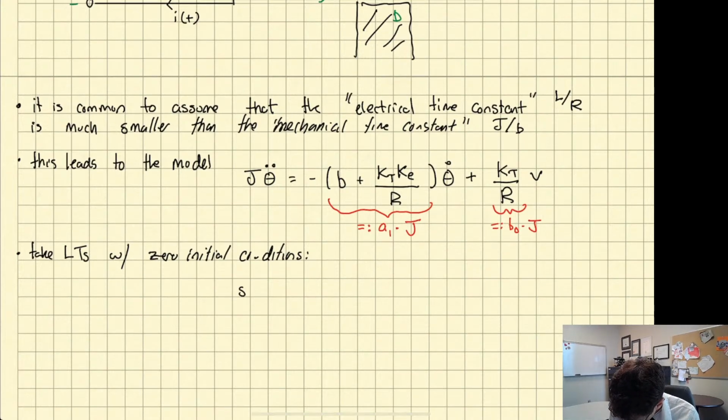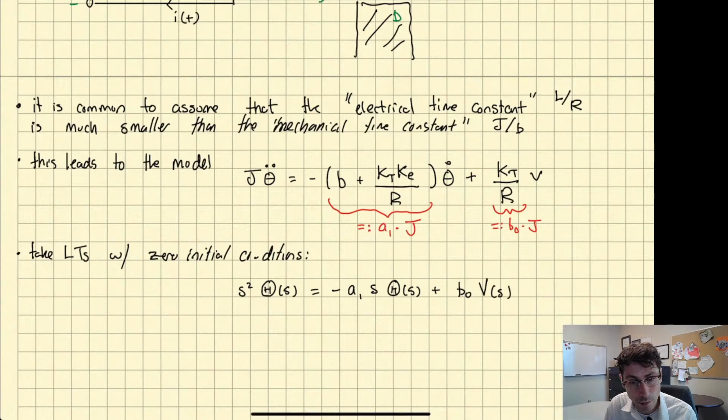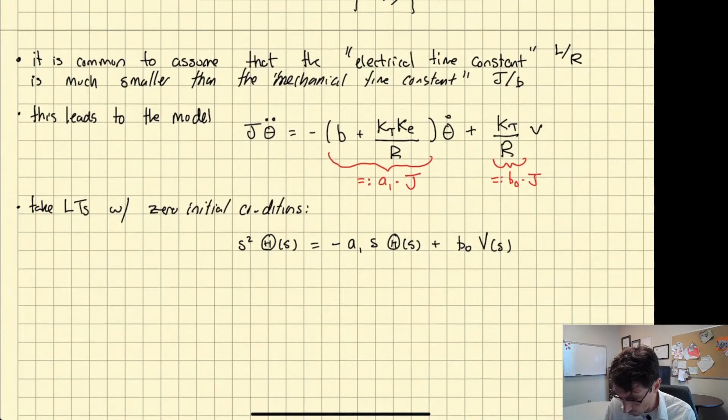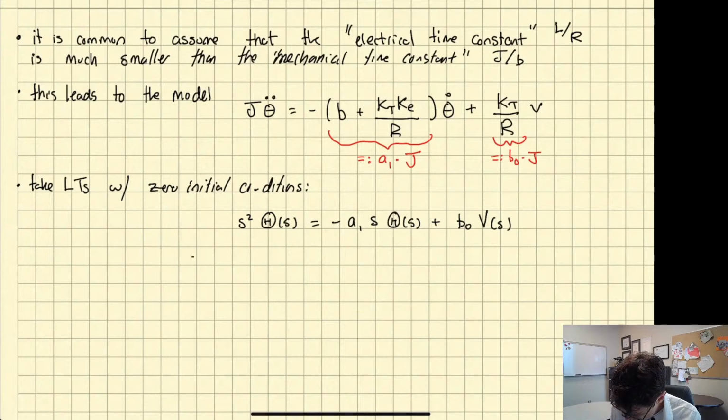You get that s squared Theta of s, remember time derivative is multiplied by s, is equal to negative A1 s times Theta of s plus B0 V of s. Rearrange so that you get the input V and the output theta. And so you get the transfer function model.